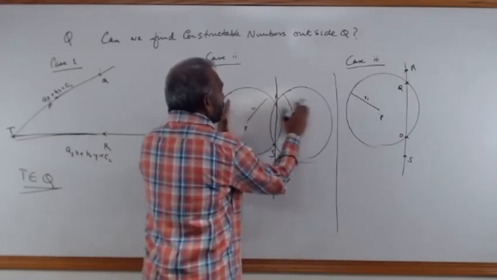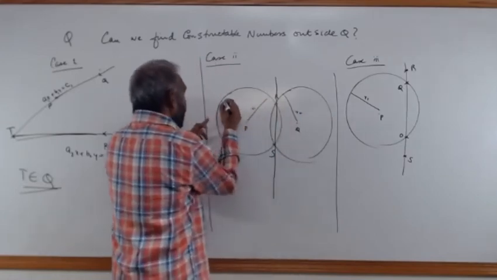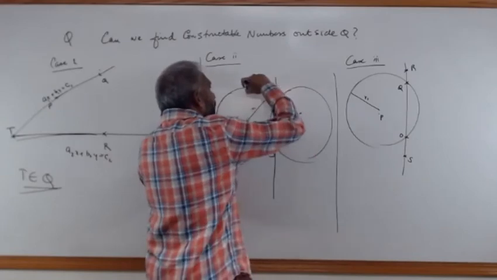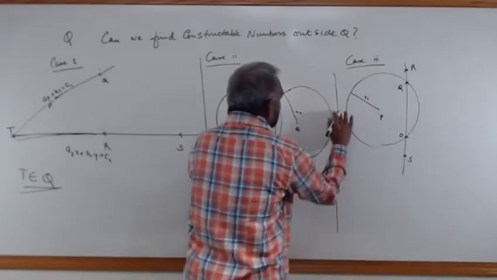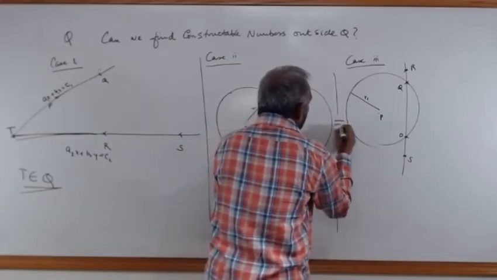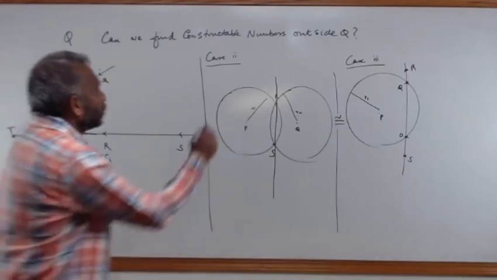But if you solve this equation, you can reduce 2 equations with an equation of a circle and an equation of a line. And that is nothing but here. So these 2 are similar. We don't need to consider this in different cases. So case 1 and case 2 are similar.